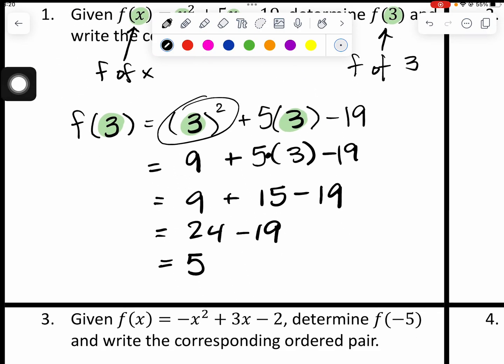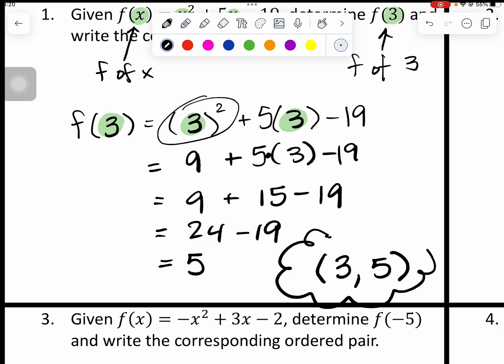And we'll talk more about that in detail at another time, but for now, the most important part of this process is that when we're finished, we put the values back where they belong into an ordered pair. Remember, we input the x value, x, comma, output the y value, y, so 3, 5.